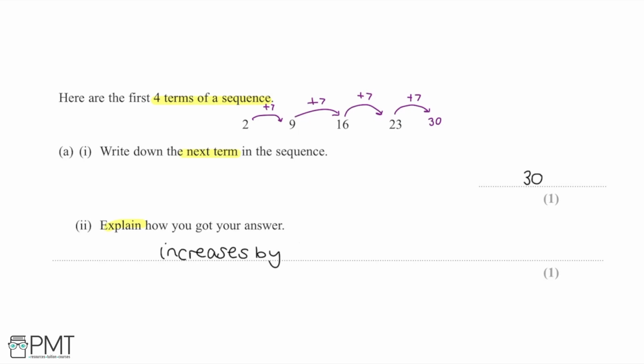So increases by 7, or writing that each term is 7 greater than the previous term, or alternatively coming up with the formula for this sequence. So that would be 7n minus 5 if we find what the 0th term would be. So 2 minus 7 gives us minus 5, and we've got that difference of 7, so 7n minus 5.